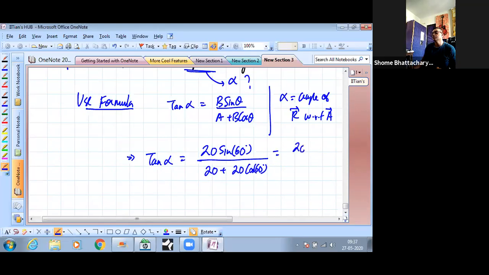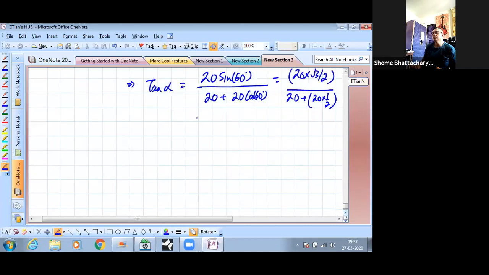So that is 20 into root 3 by 2 divided by 20 plus 20 into half. Okay. So we can further simplify this and write this as root 3 divided by 3, so that is 1 by root 3.